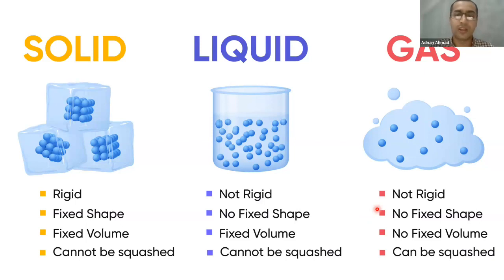The room you are sitting in right now, or the room that I'm sitting in, all the air that it contains at the moment can be compressed into a small cylinder. That is why we say that gases do not have a fixed volume. I hope this is clear.